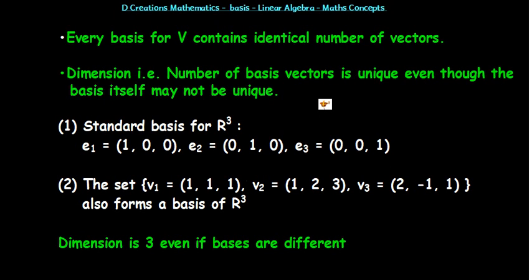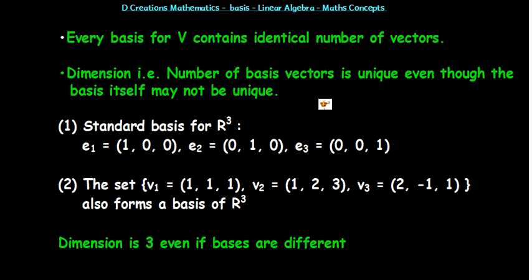One was the standard basis of E1, E2, E3, and another basis of 3 vectors V1, V2, V3, where the vectors were (1, 1, 1), (1, 2, 3) and (2, -1, 1) respectively. So the basis here is not unique, or there are 2 bases, which is the plural for basis.